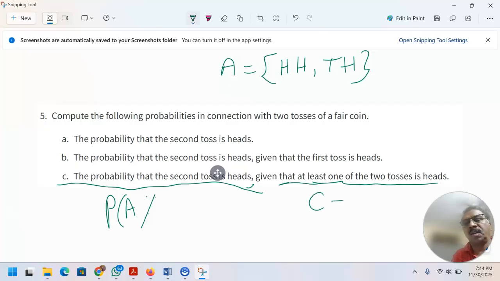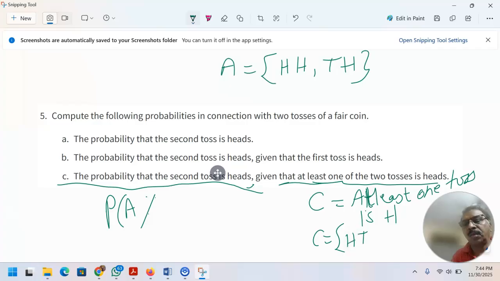So let's call C: at least one toss is head. It means C can be either both heads, or one of them is a head: first head, second tail, or first tail, second head. So these are the only options there.